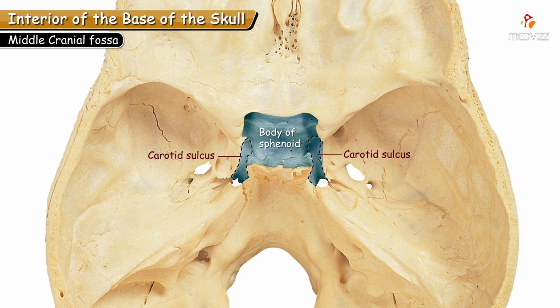As the name says, carotid sulcus, it is related to internal carotid artery along with its sympathetic plexus. So what is the importance of this groove is it is related to cavernous sinus. So it forms the part of cavernous sinus. So the internal carotid artery, that is the cavernous part of internal carotid artery, is present in this carotid sulcus.